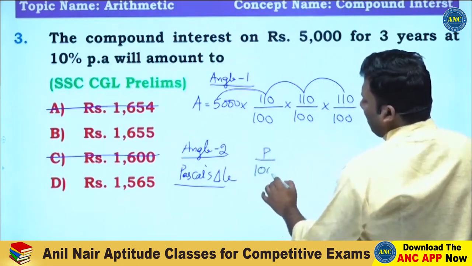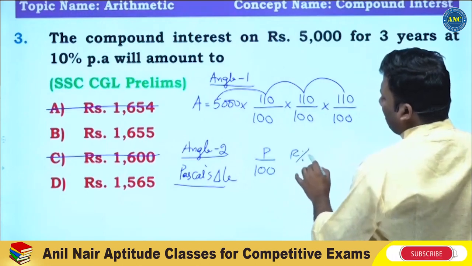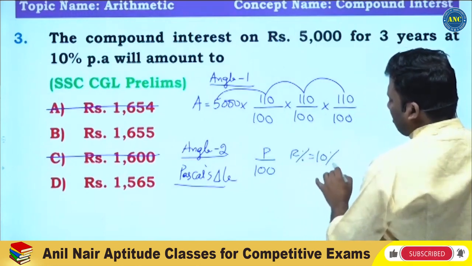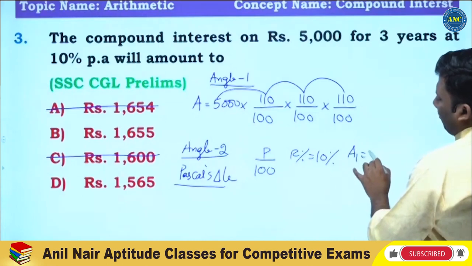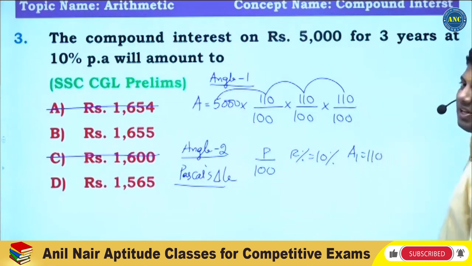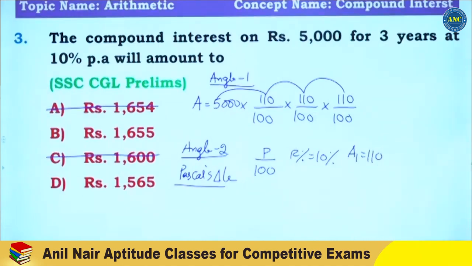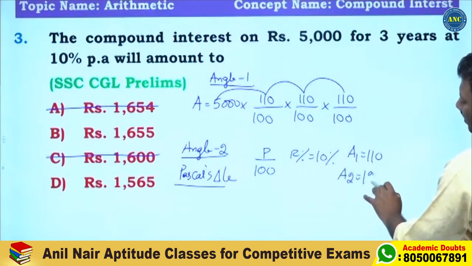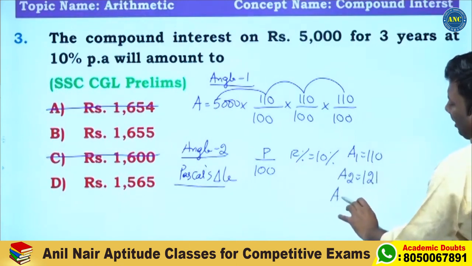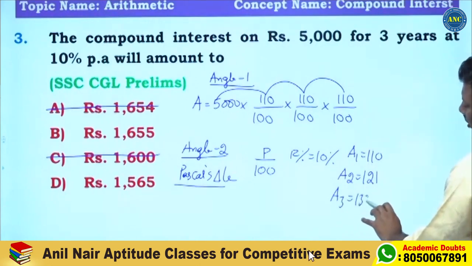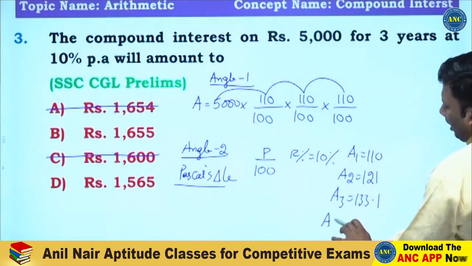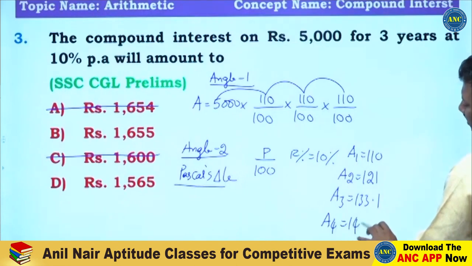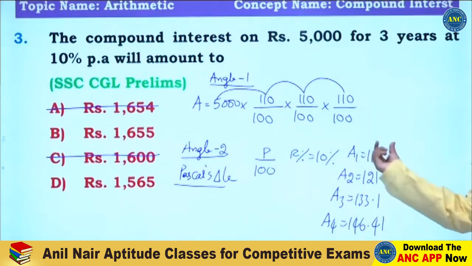If the principal is 100 and R is 10 percent, the amount for the first year will be A plus B power 1, which is the coefficients of A plus B power 1. Then A plus B whole square, A plus B whole cube, and so on, giving 146.41. This is what we discussed.